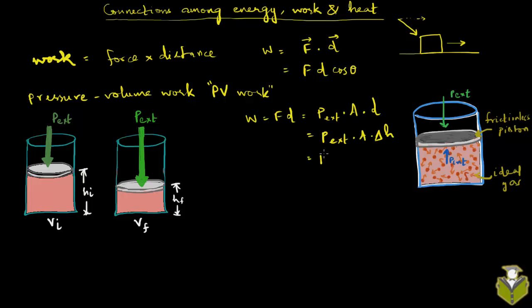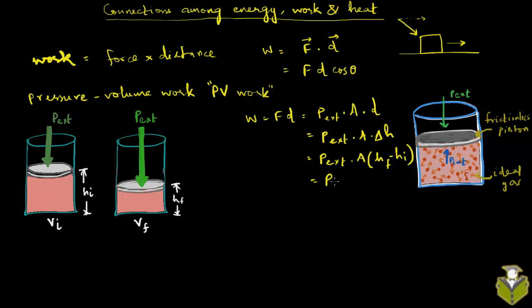So in this case, hf minus hi is the delta h, and this is negative if the surroundings are doing work on the system, because the final volume is lower than the initial volume. And we know that the volume of a cylinder is area times height.